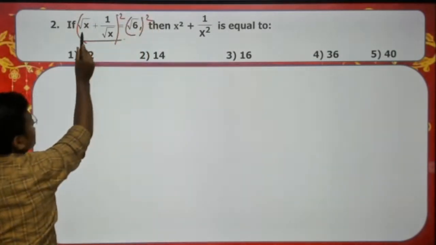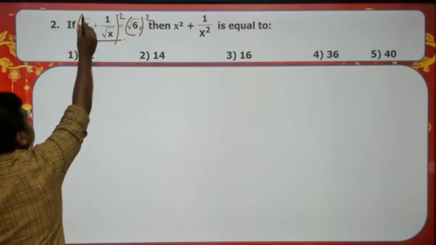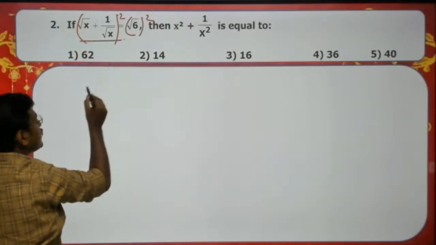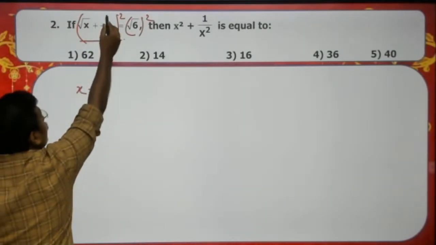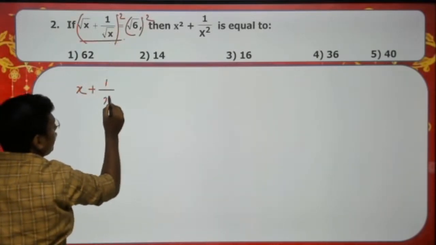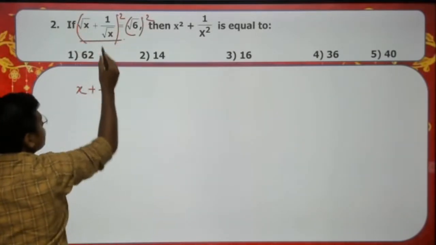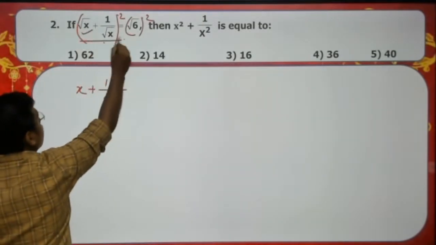As a result, this becomes a plus b the whole square, right? A plus b the whole square is equal to a square, that means root x the whole square, it is x, plus b square, that is 1 by root x the whole square, which will be 1 by x, correct? So a square plus b square plus 2ab, that is 2 into root x into 1 by root x.